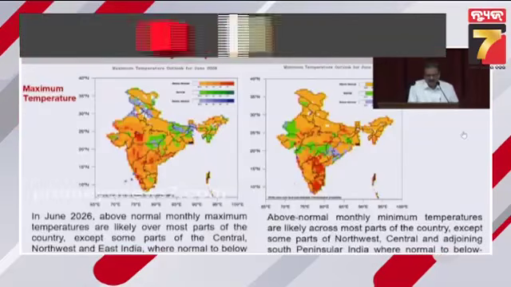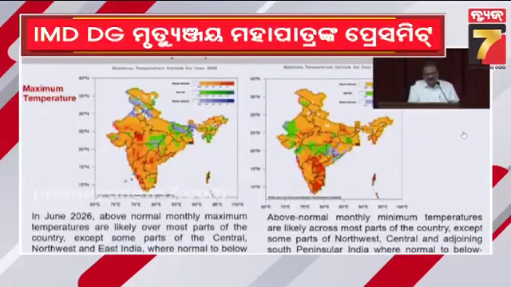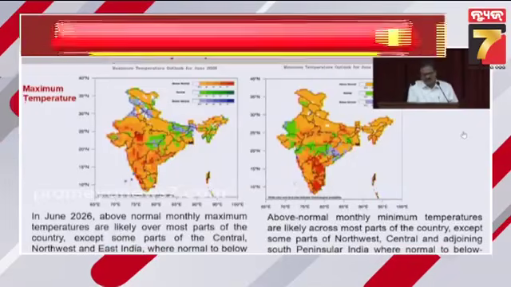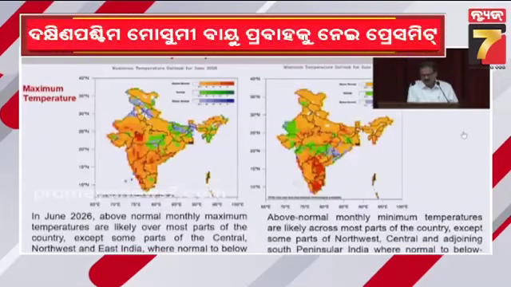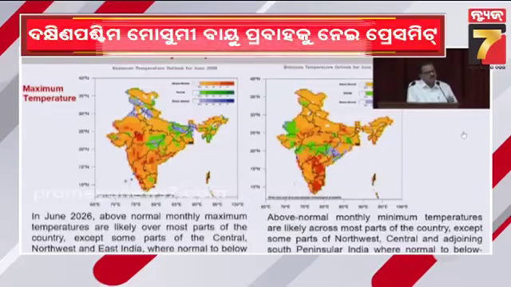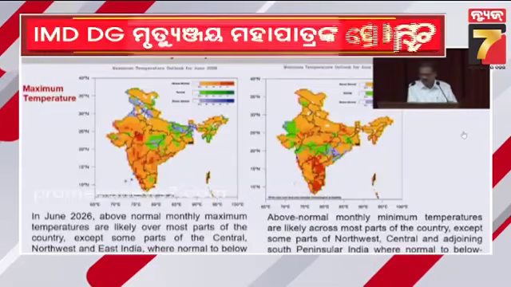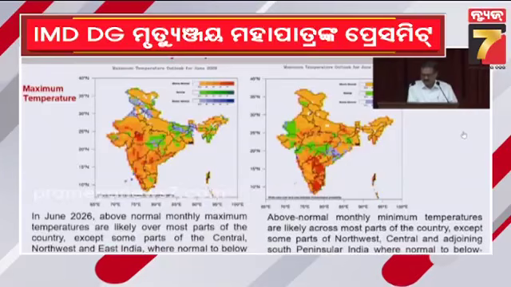Now, if I look at the temperature, as we are expecting that rainfall will be less, therefore the day temperature will be higher, and night temperature is also expected to be higher at many places. On the left-hand side is the maximum temperature, representing the day temperature. On the right-hand side is the minimum temperature, representing the night temperature.